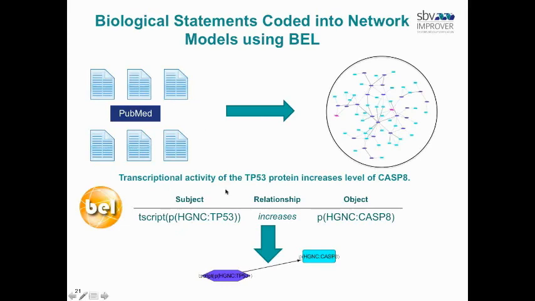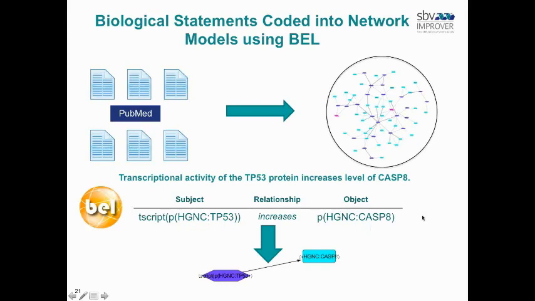I have here as an example a statement from a paper: transcriptional activity of TP53 protein increases level of caspase 8. And on the bottom of the slide you see how it's coded in BEL. Transcript stands for transcriptional activity, p stands for protein abundance, HGNC is a namespace, HUGO Gene Nomenclature, TP53 is a gene name, and then increases protein caspase 8.